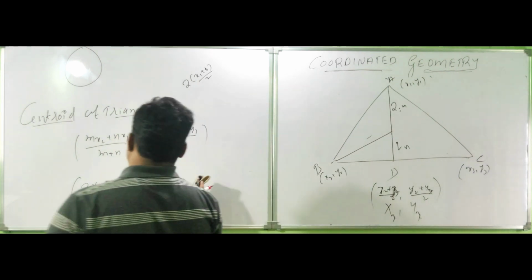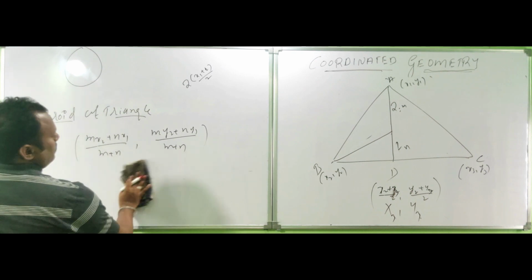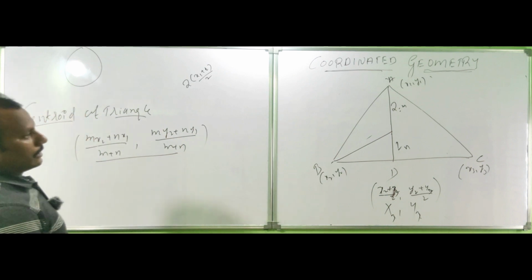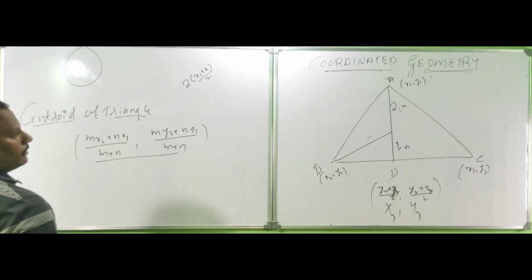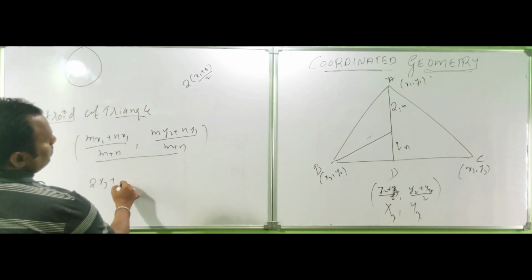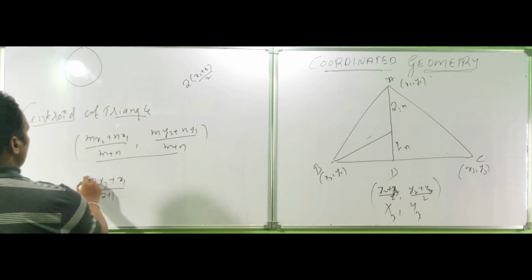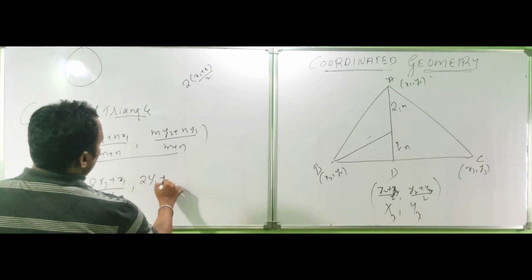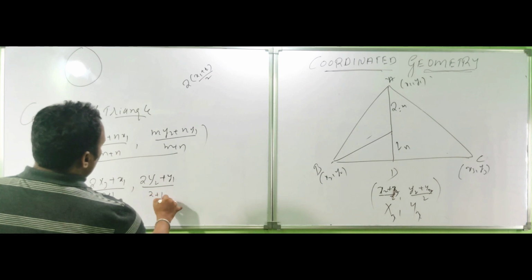This is the section formula, and it is cutting internally 2:1. So I can write 2 into x3 plus x1 divided by 2 plus 1, and similarly 2 into y2 plus y1 divided by 2 plus 1.